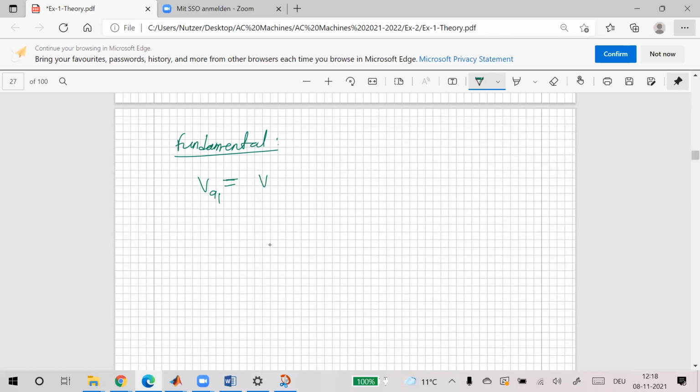This can be your V1 cap cos(omega 1 t plus phi naught), and then you have VB1, which is V1 cap cos(omega 1 t minus 2 pi by 3), and VC1.